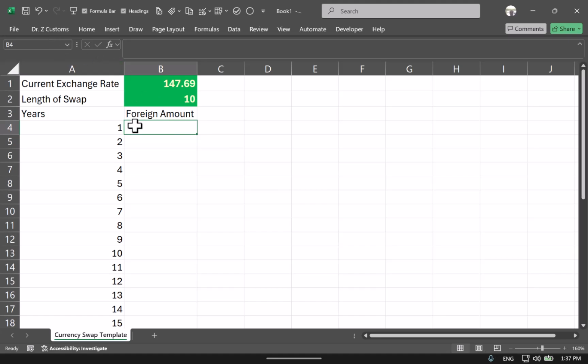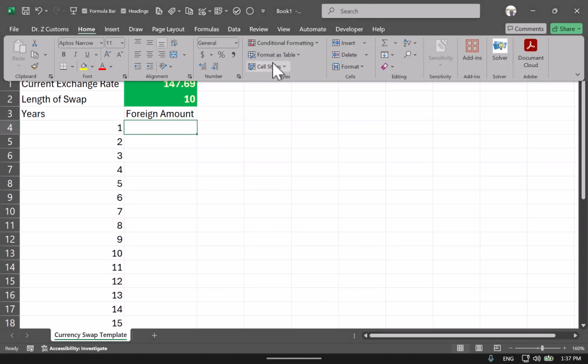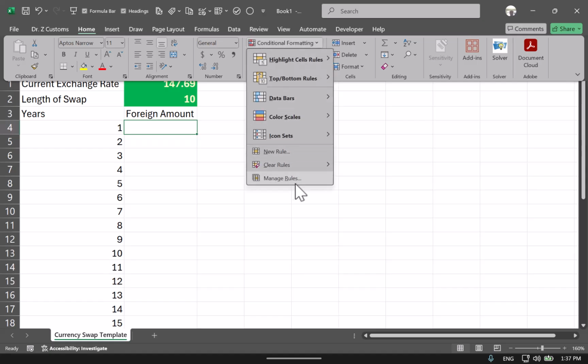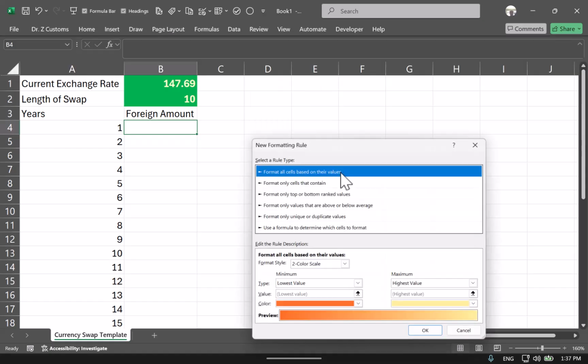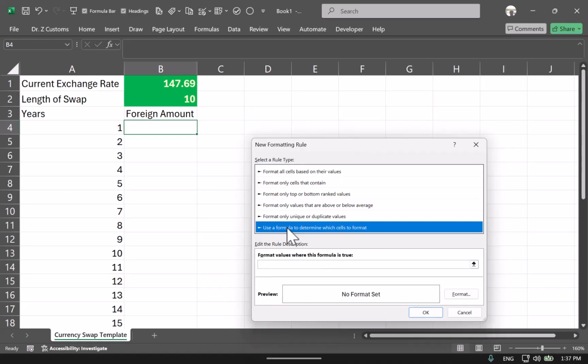I'm going to say home conditional formatting, new rule, and I'm going to use the formula to determine which cells to format.